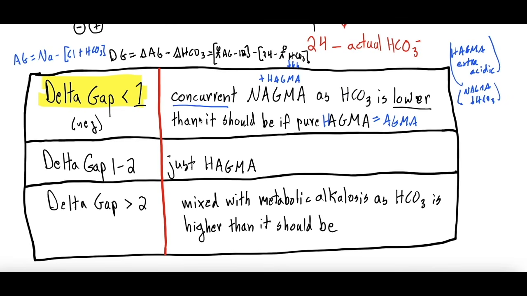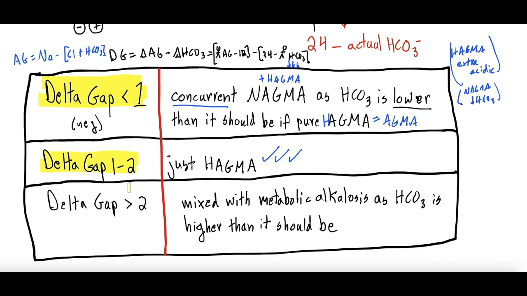If the delta gap is 1 to 2, that is just a pure, simple, high anion gap metabolic acidosis. That is what the delta gap should be if the anion gap is explained by the change in bicarb, which is explained by the high anion gap metabolic acidosis.